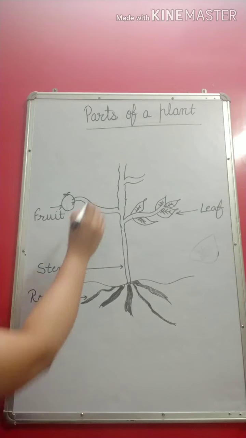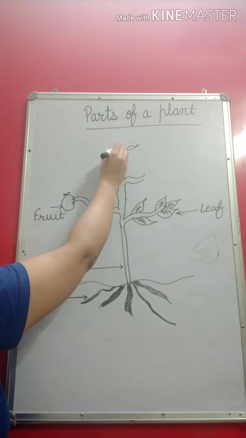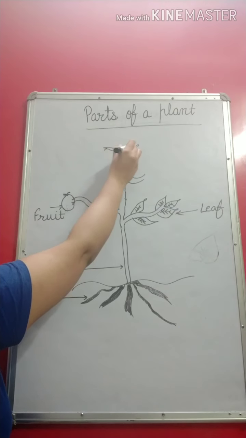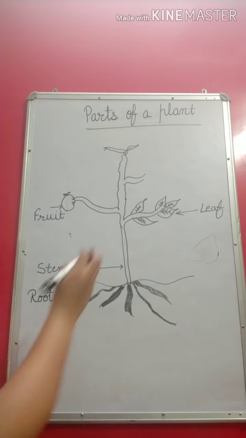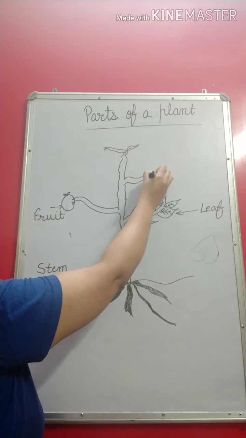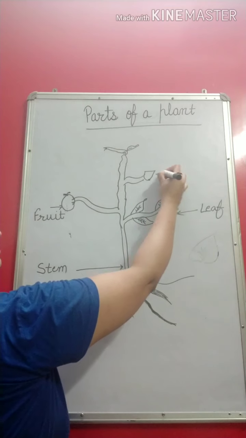And then on the top it grows and grows. Here you can draw something like this also, or you can leave it. At the top you can also draw a flower or a bud. Sometimes we draw like this. This is what? This is a bud.